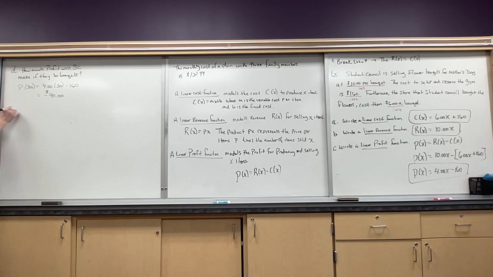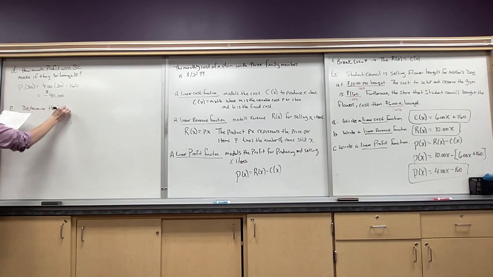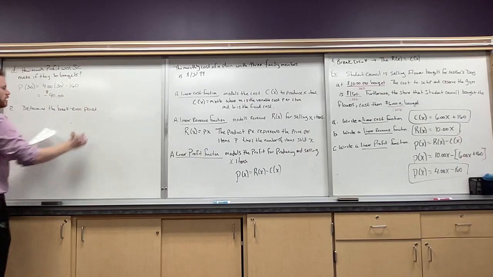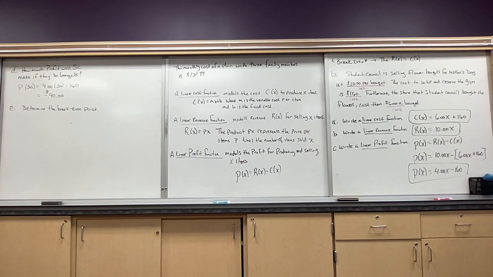Okay, so then let me ask this. Let's determine the break-even point. If I can determine that, then I can decide, oh, they have to at least sell this or more. Well, actually, I should just say more, because I don't want to break even.